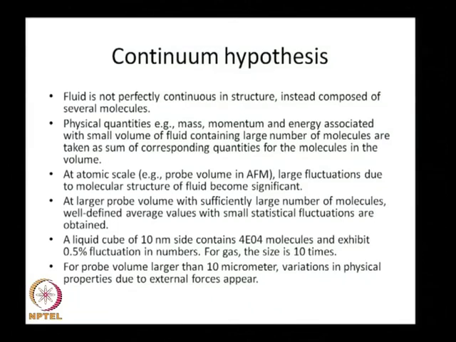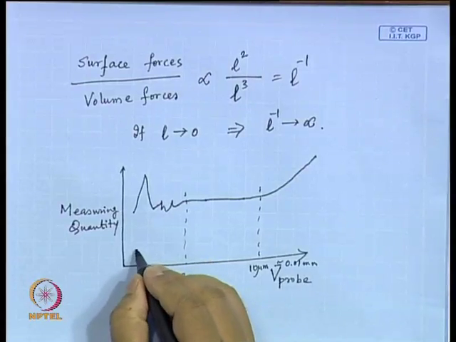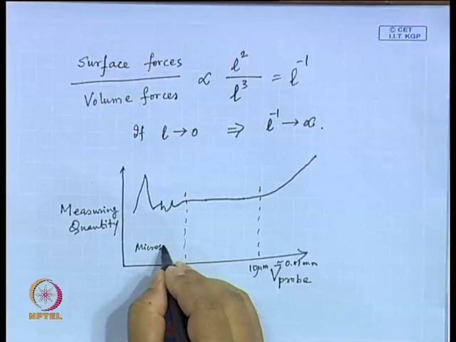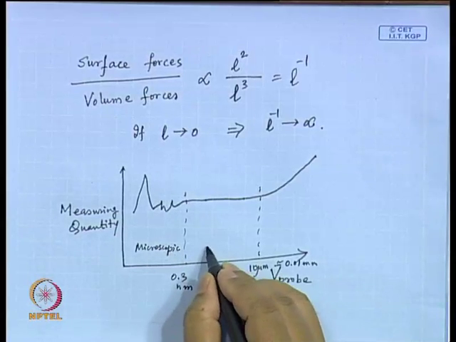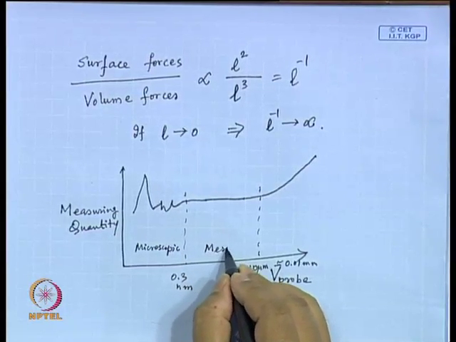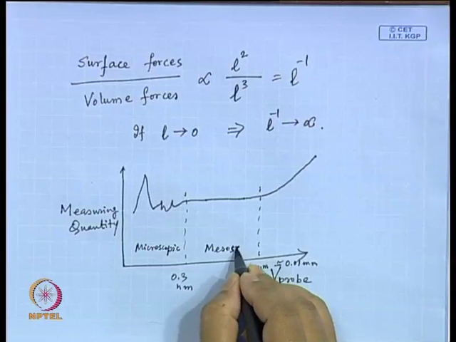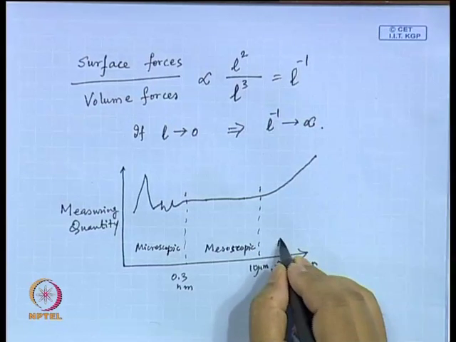And ideally, if you are looking for a measurement of physical properties per volume, this is referred to as the microscopic region, this is referred to as mesoscopic, and this is referred to as macroscopic.